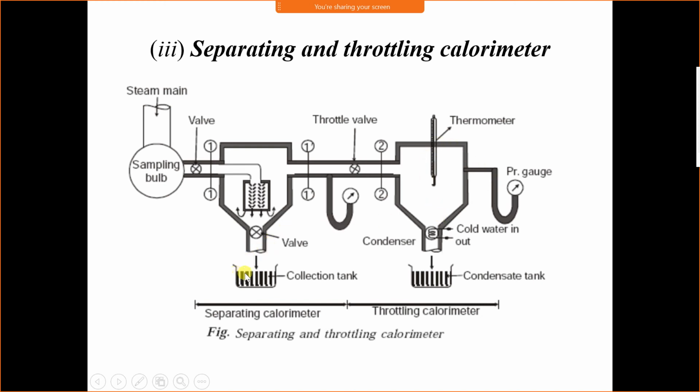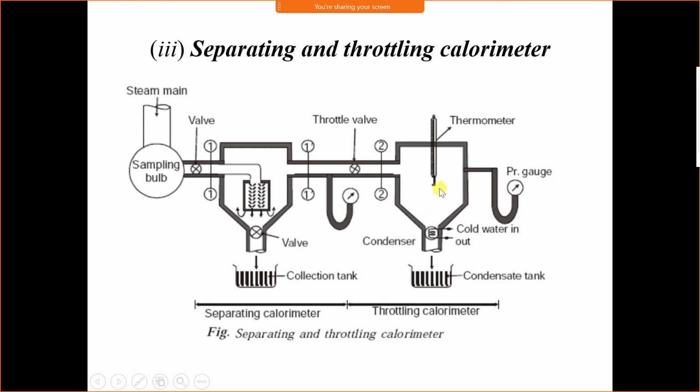Now in the separating calorimeter, water is collected here. Consider the amount of water collected in the separating calorimeter as mf, and the amount of water collected here as m2.